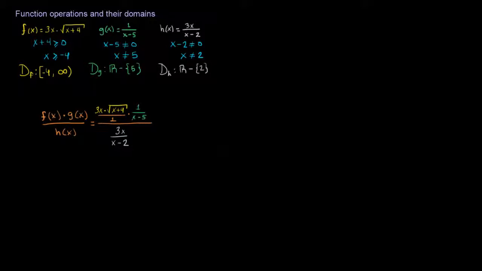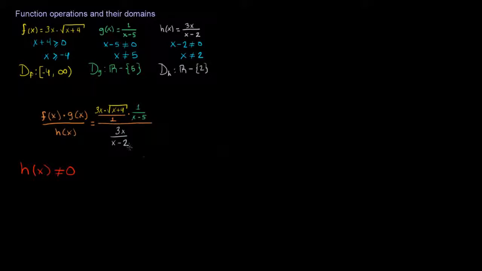Now here comes the thing: every time we have a division of functions, the function that is in the denominator, in this case h of x, cannot be equal to 0. So I'm going to write it here, big in red: h of x has to be different from 0.